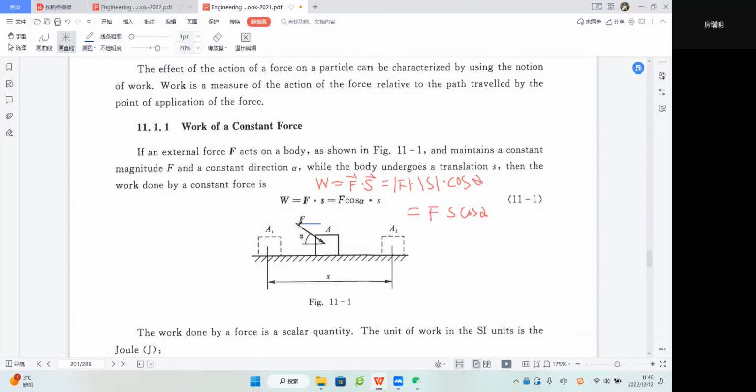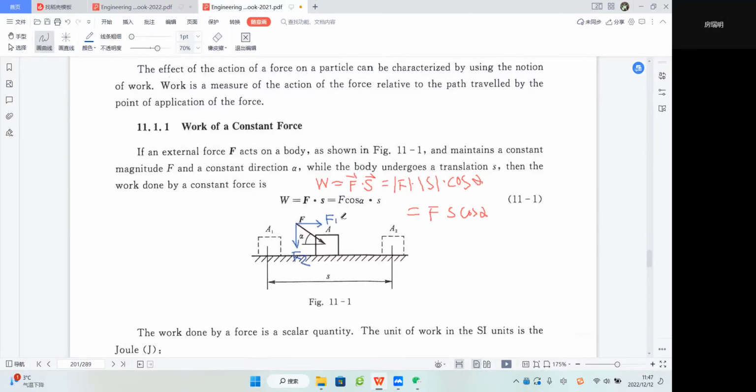We can decompose this F into F1 and F2. Right?